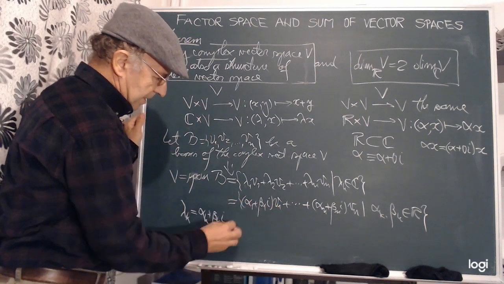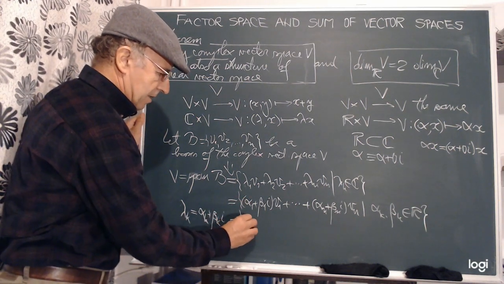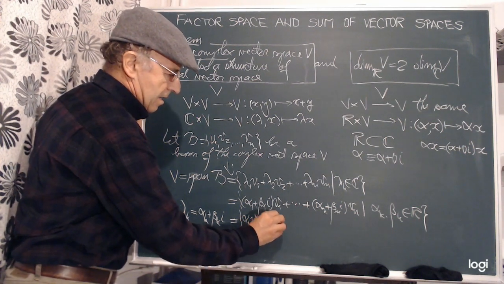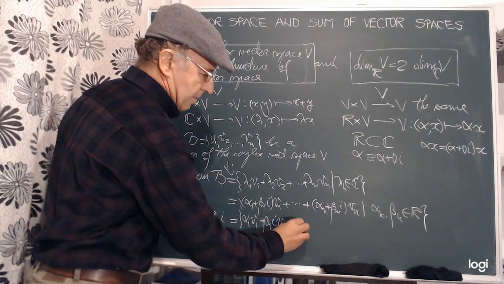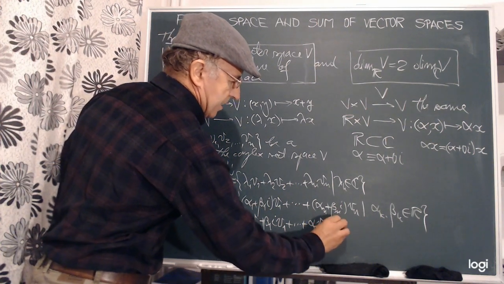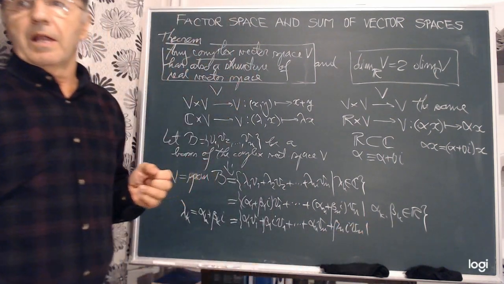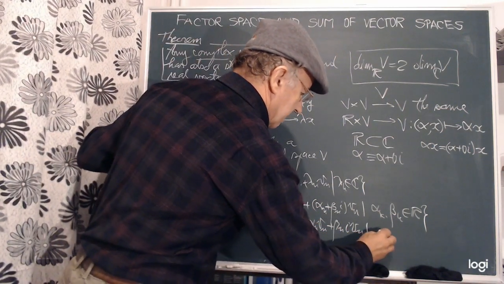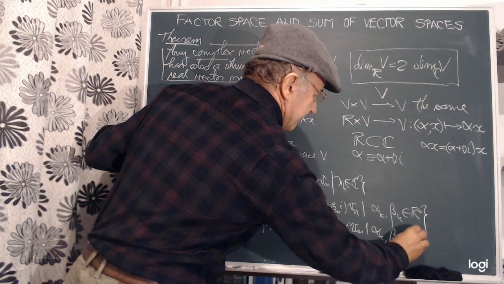And this can be written as alpha 1 V1 plus beta 1 I V1, the imaginary unit, plus so on, plus alpha n Vn plus beta n I Vn, with alpha k, beta k real numbers.